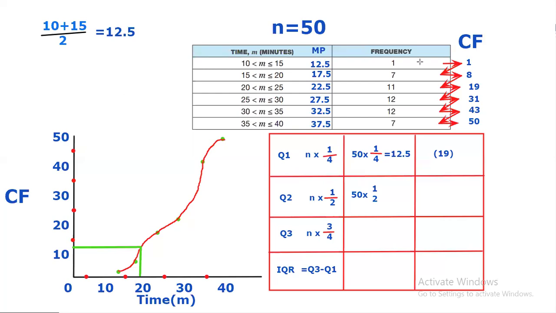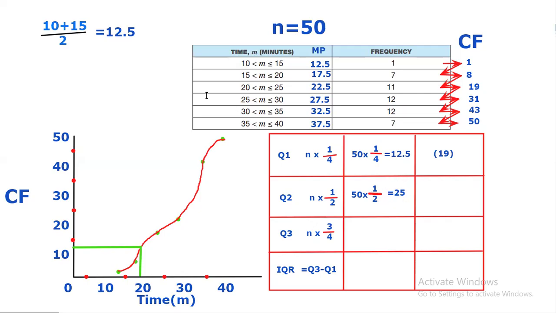As I said, we will do the same thing after that. So basically, we're going to multiply the 50 by 1 over 2, and this will give me 25. Now, this is not the Q2. This is the order or the place of the Q2.